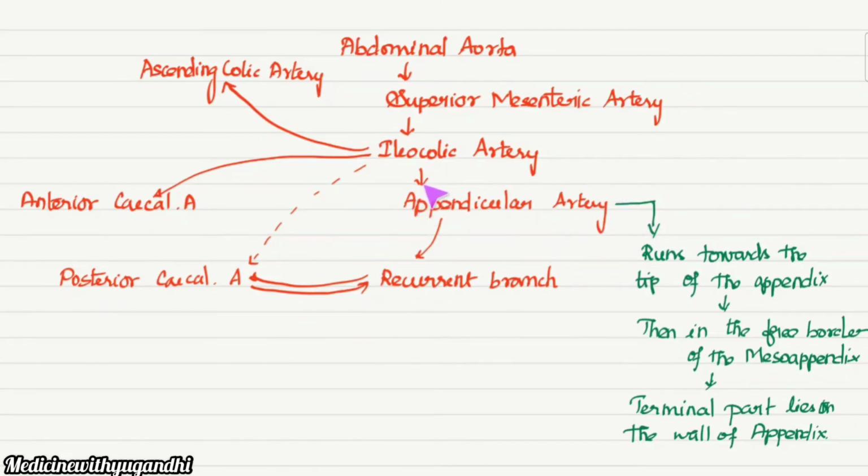It reaches the terminal portion or the tip of the appendix and supplies the appendix. This appendicular artery in turn gives a recurrent branch which anastomoses with the posterior cecal artery from the ileocolic artery. This ileocolic artery in turn gives two branches called the anterior cecal artery and posterior cecal artery for the anterior and posterior surfaces of the cecum respectively.